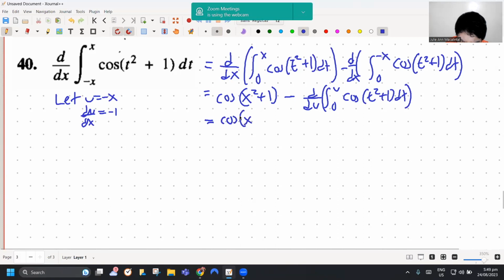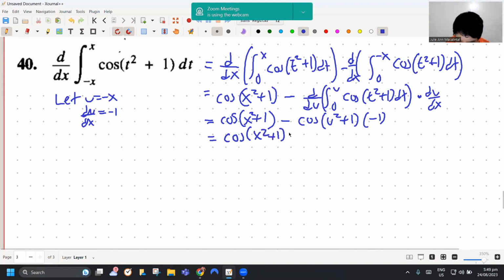Teka, chain rule is d/du times du/dx. So u squared plus 1. Okay, yung first term ay cosine of the quantity negative x squared plus 1.